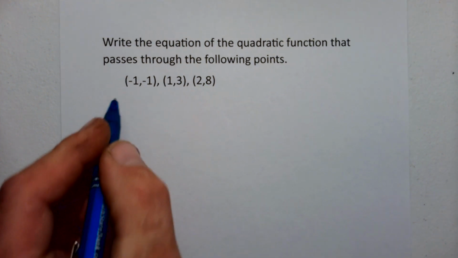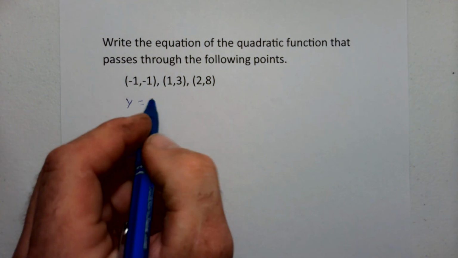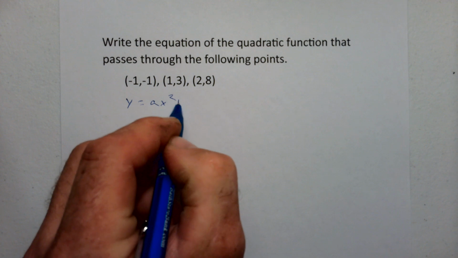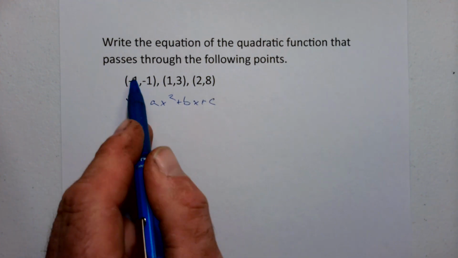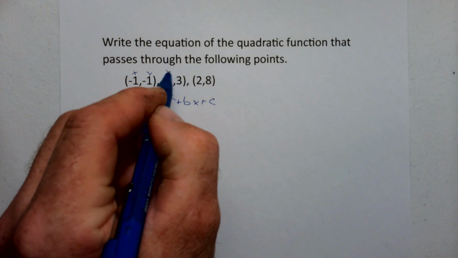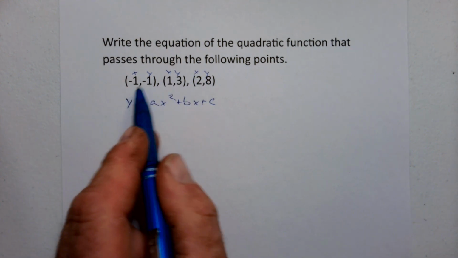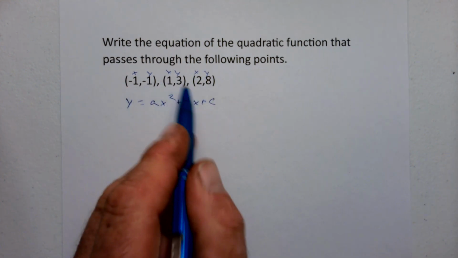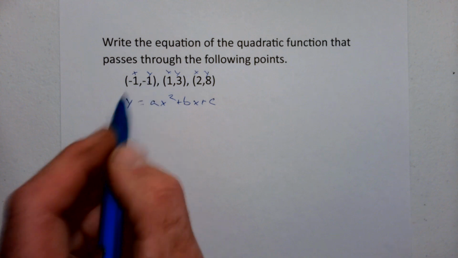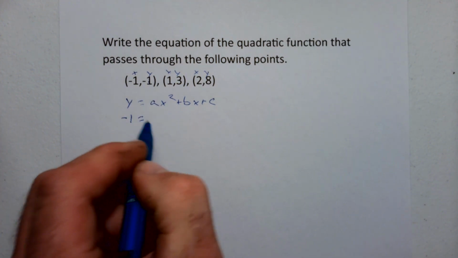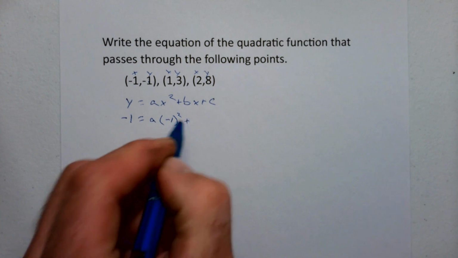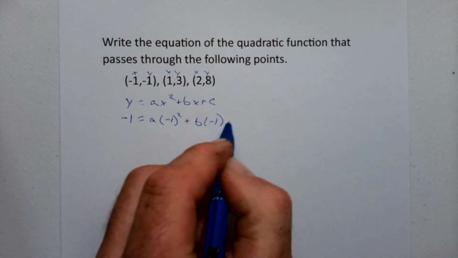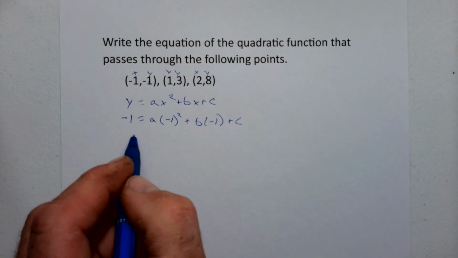So again, we have our equation y equals ax squared plus bx plus c. We know that each of these has an x and a y value, so we can write 3 equations, one for each point. Our first value, y is going to equal a times -1 squared plus b times -1 plus c.